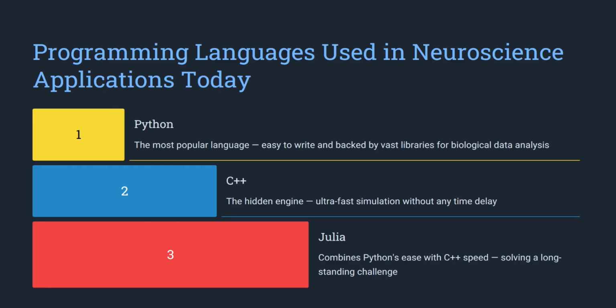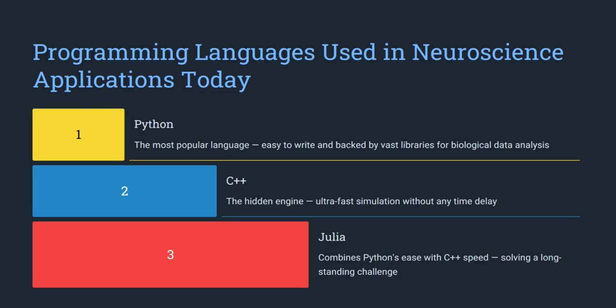Now let's look at the main languages we use today in neuroscience applications. The most popular one is the Python language, because it is very simple and has great tools for data. Second is C++.